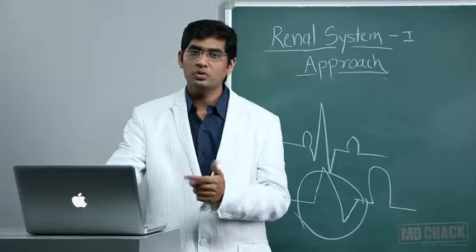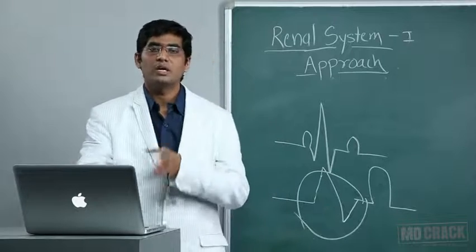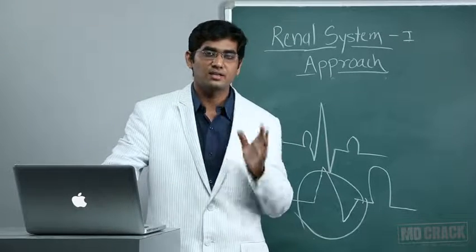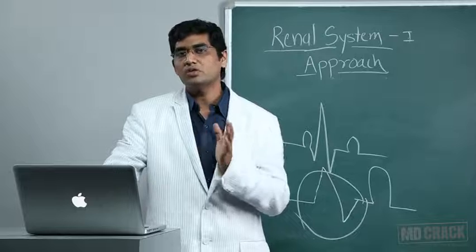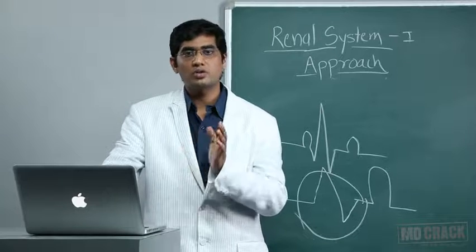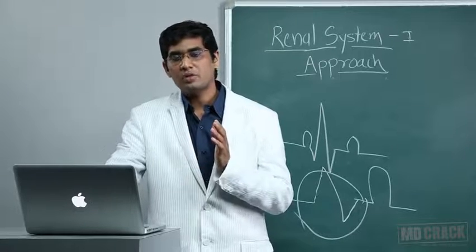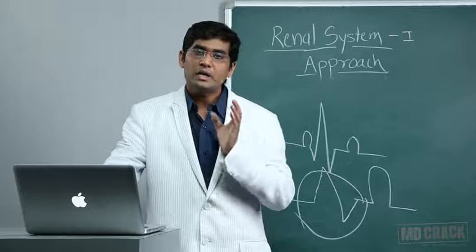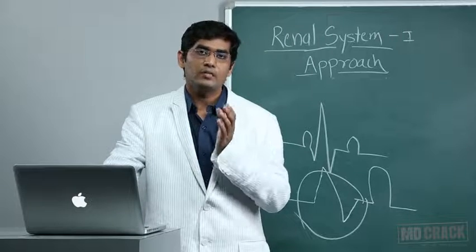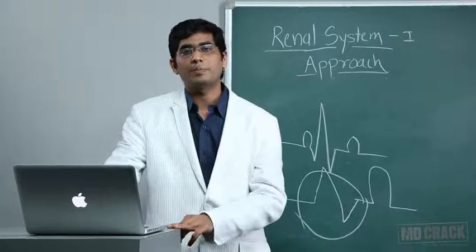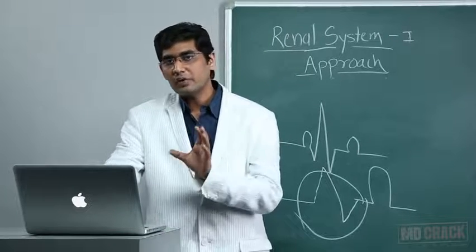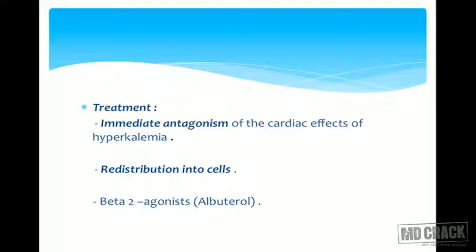So a second MCQ: what is the fastest way of shifting potassium inside the cell? Your answer should be insulin dextrose drip or insulin glucose drip, and we need to add 10 units of insulin in 50 ml of 50% dextrose, that is 25 gram of dextrose plus 10 units of insulin.